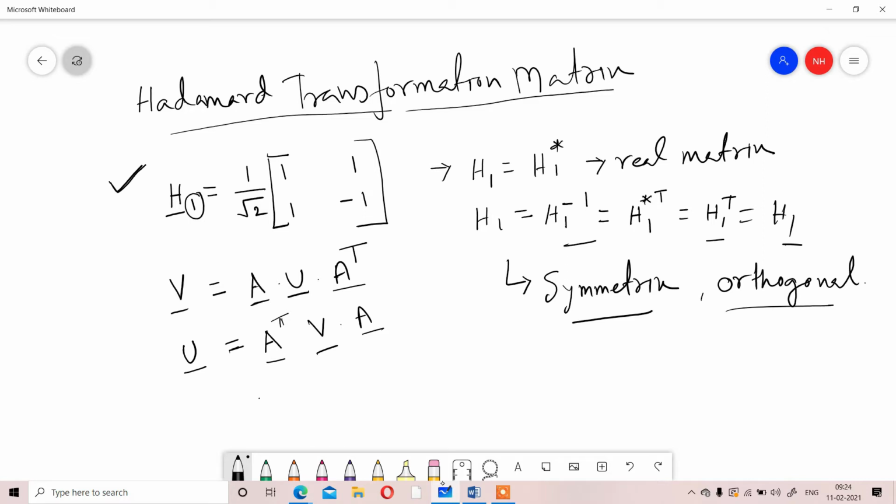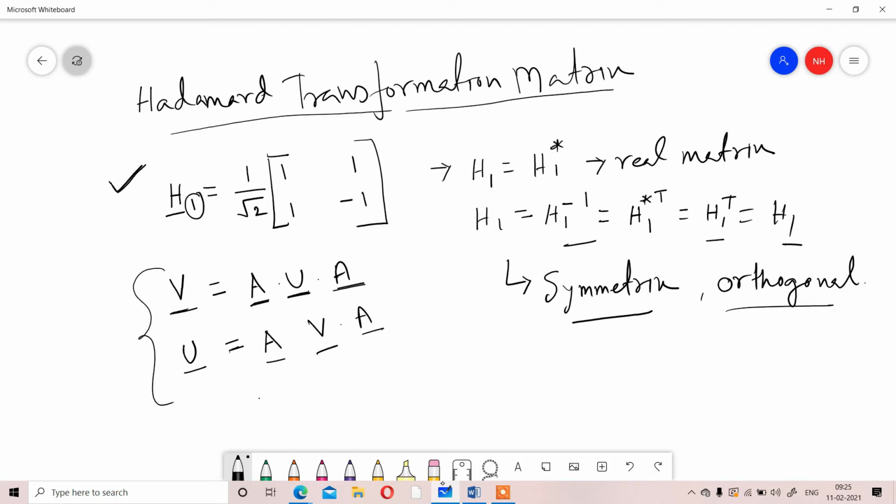So simply, for the Hadamard transformation matrix, what can we write? You don't need to consider transpose, you don't need to consider inverse. Simply, if we want to calculate V, that is your transformed image, write down the Hadamard matrix, your image, and again the Hadamard matrix.